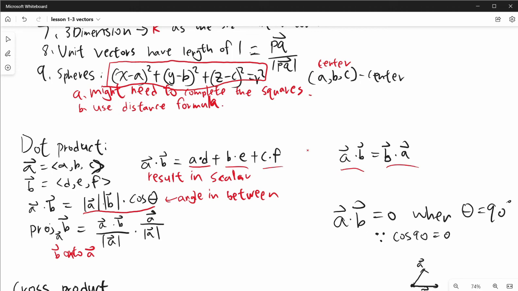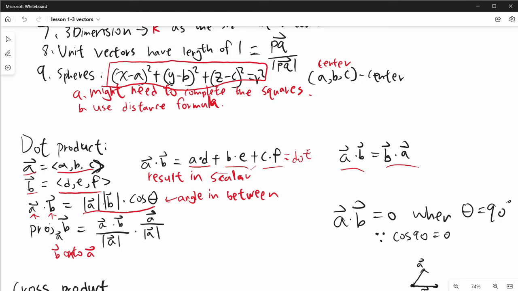If you are given, let's say, vector A as (a, b, c) and vector B as (d, e, f), you can calculate it through the first method. You can get the magnitude of the dot product, and then calculate the length of each, and then the only unknown would be theta, which is the angle between.